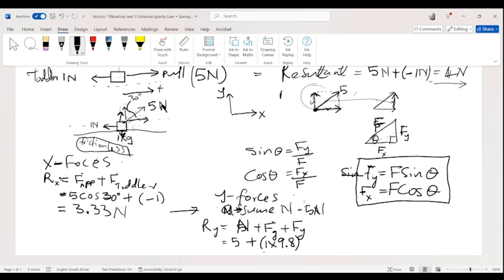In this case, our acceleration is gravitational acceleration, and our mass is 1 kg. Because this force is pointing downwards, it is a negative, plus Fy, which will be 5 sine of theta.